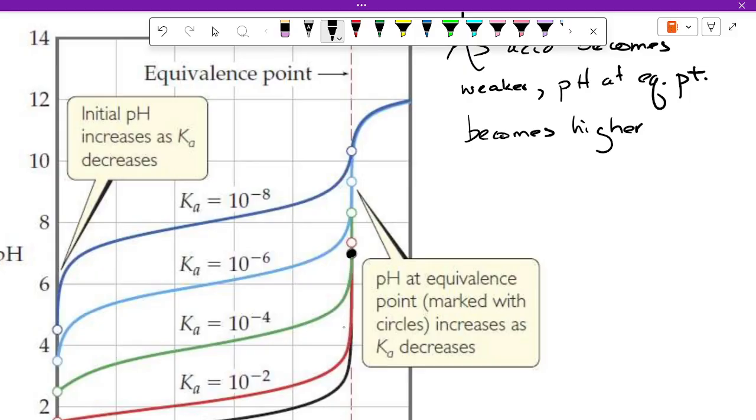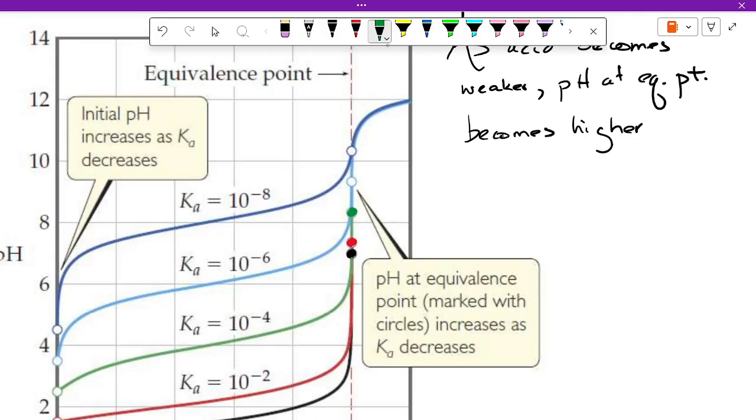And we have one that has Ka of 10 to the negative 2, and its pH at the equivalence point is just above 7. And then we've got 10 to the negative 4 as our Ka. All right, and that one ends up there, and we have 10 to the negative 6.